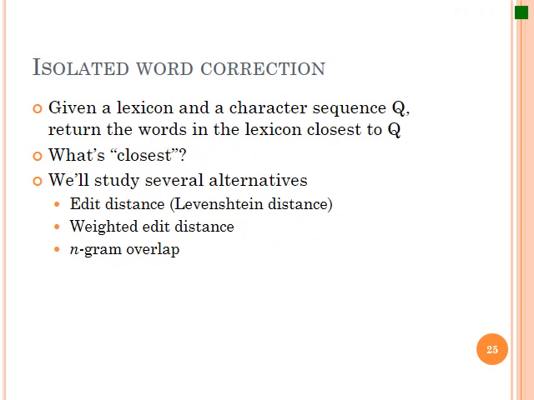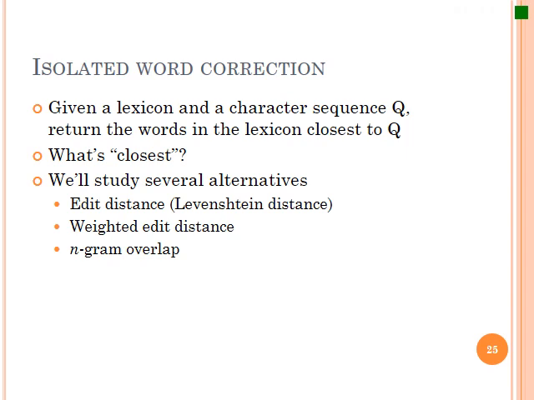So given a lexicon, now that you have a lexicon and you have a character sequence Q, now the question is, the Q may not match any of the terms in your lexicon, okay, because Q contains an error, right? So now we're talking about isolated word correction, right? So how do you measure what is closest, right? You want to find the closest match in your lexicon to a query Q, okay?